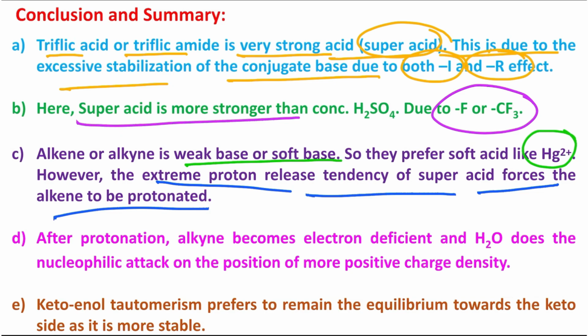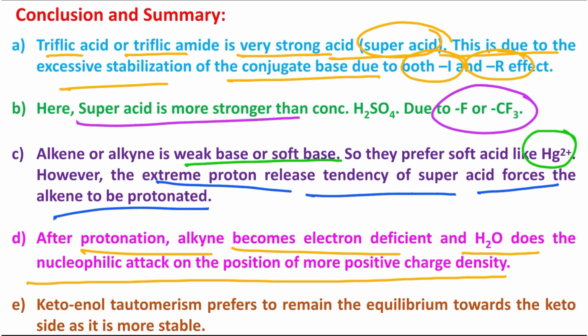So this is the proper design of molecules. Now after protonation, this alkyne became electron deficient because it already added a proton, means positive charge, so that's why it became electron deficient, and consequently water does the nucleophilic attack on it. And the position it attacks is the position having relatively more positive charge density.